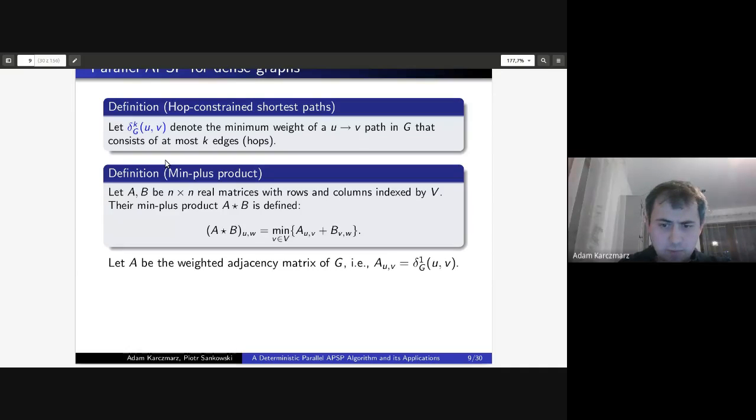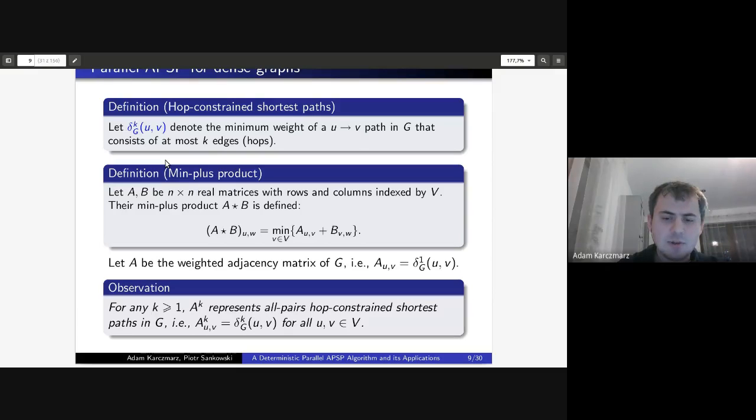It is well known that computing a min-plus product is an operation that is equivalent to APSP, so it likely requires cubic time as well. Now let A be the weighted adjacency matrix of G, so a matrix with 0 in element uv if u and v are equal, and otherwise this element contains the weight of the edge uv.